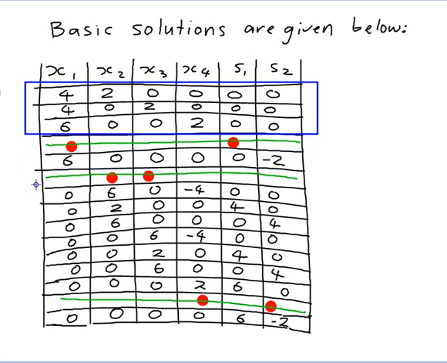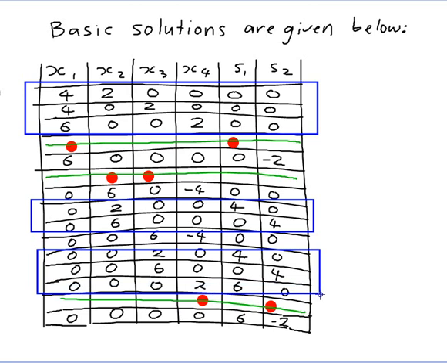This one here is not feasible because I've got a -4, but both of these are feasible. The next one's not feasible because it's got a -4, and all 3 of these are feasible, and this last one's not feasible because it's got a -2. So I've got in total 1, 2, 3, 4, 5, 6, 7, 8 feasible solutions.